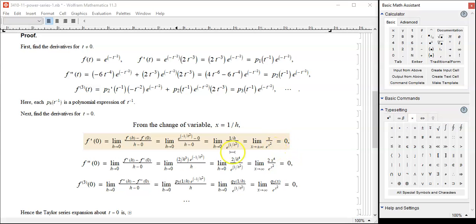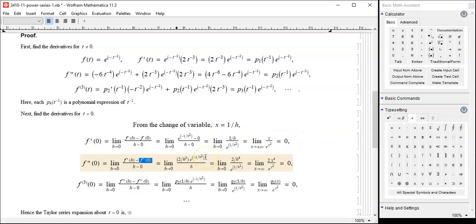How about the second derivative? Because the first derivative is 0, f prime of 0 is 0. This is the definition of the derivative, but we have the derivative function already. So that's the second derivative, but f prime of 0 is 0. We already proved it here.